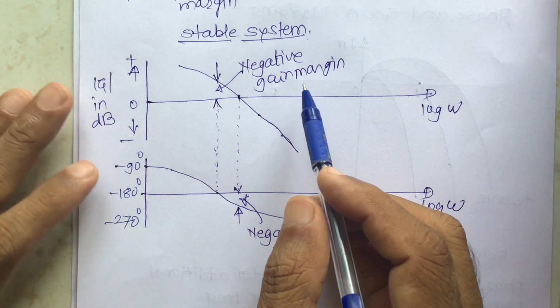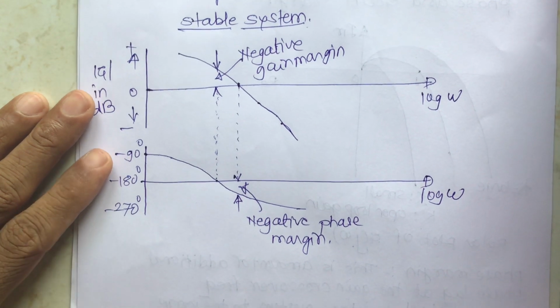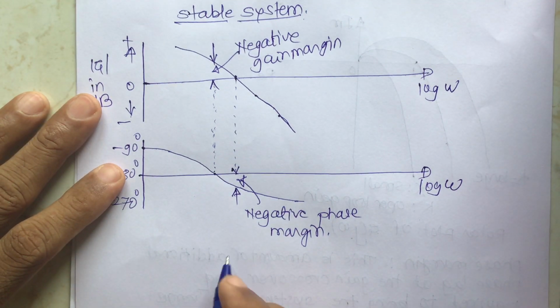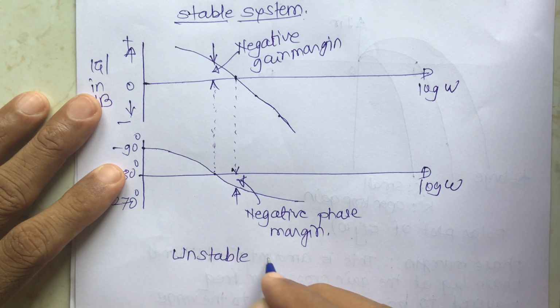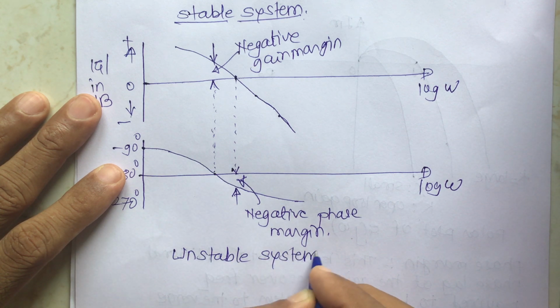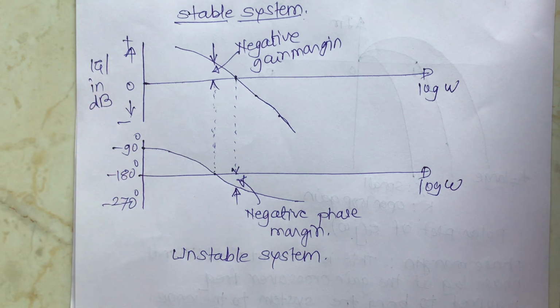So this will be the unstable system. If such a type of plot is there, then we can call your system an unstable system. Okay, so this stable and unstable system is for the Bode plot.